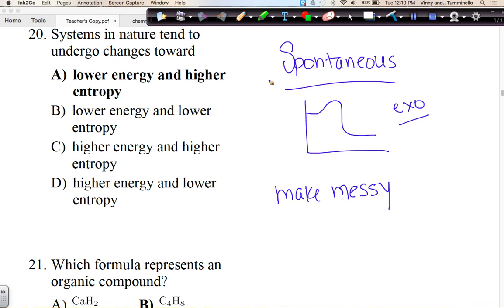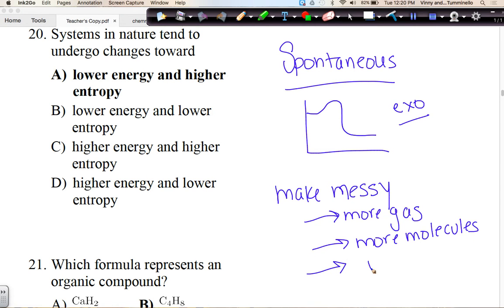The ways that we can make things messy or increase the entropy is make more gas, make more molecules, or go from pure substances to making a mixture.